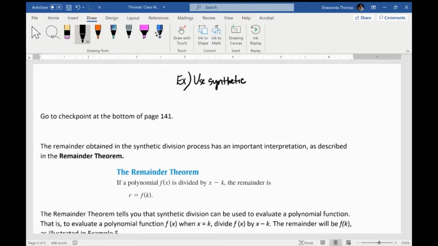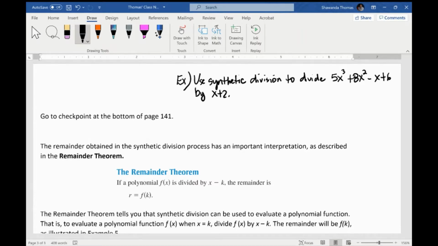Use synthetic division to divide 5x cubed plus 8x squared minus x plus 6 by x plus 2.